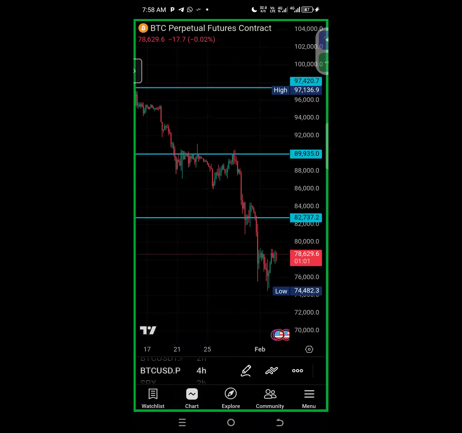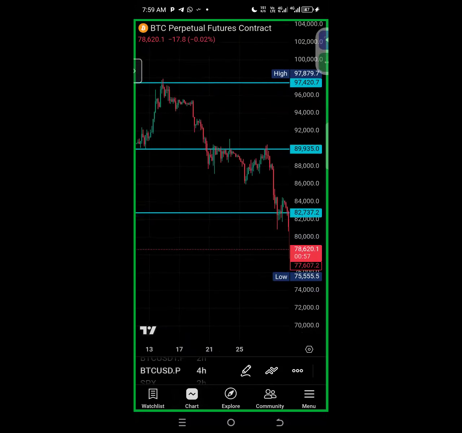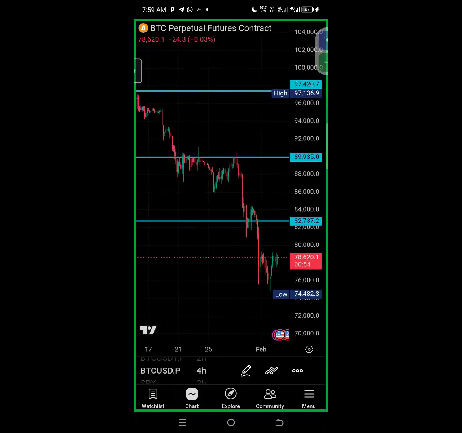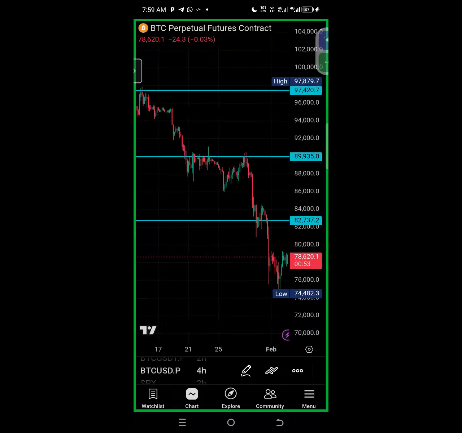Now, this is a typical example. Look at this chart. What do you have to say about this chart? What formation is this? Just look at it.